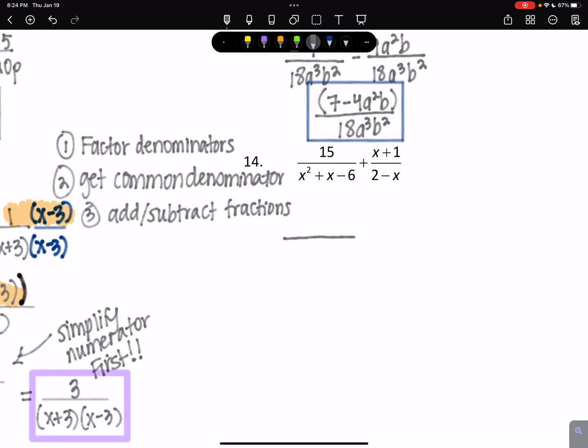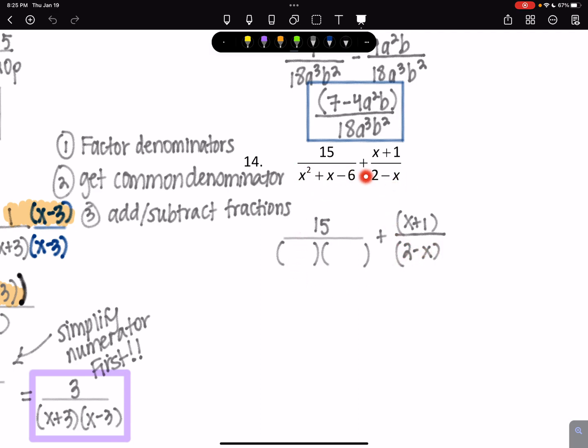And if you feel pretty good about factoring, then that's probably one of the biggest challenges, is just that factoring. Now I'm going to write everything out here, factoring the denominators. So my 15 is going to stay the same. x plus 1 in the numerator stays the same, and 2 minus x stays the same.